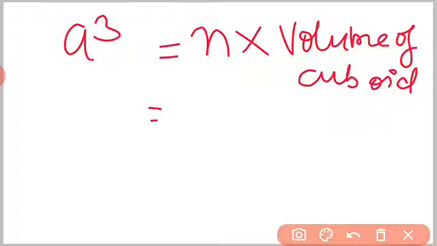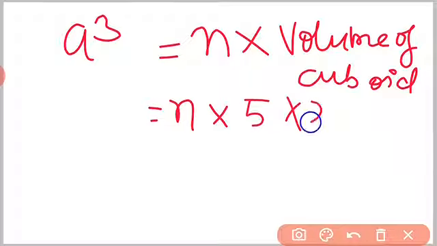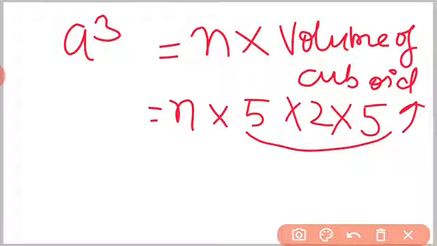Here we have length equal to 5 centimeter, breadth equal to 2 centimeter, and height equal to 5 centimeter. So write it down. n multiply 5 multiply 2 multiply 5. This we have written in place of volume of cuboid, L multiply B multiply H.